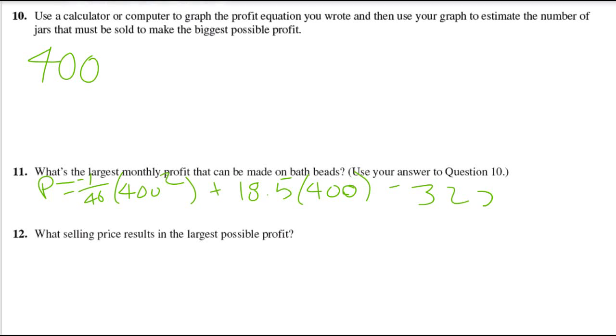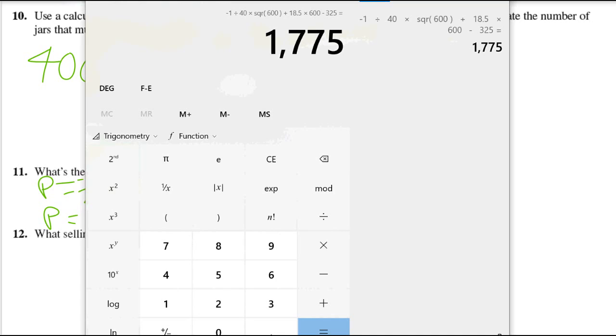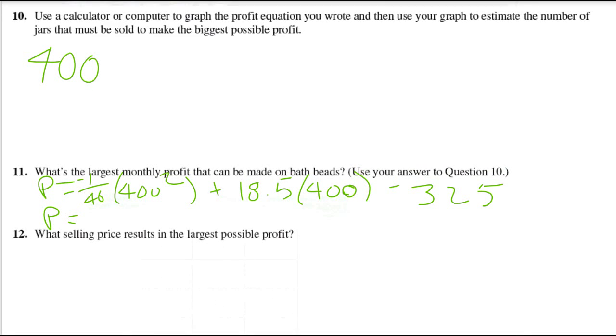And that's 325. Negative 1 over 40 times 100 squared plus 18.5 times 400 minus 325, 3,075.